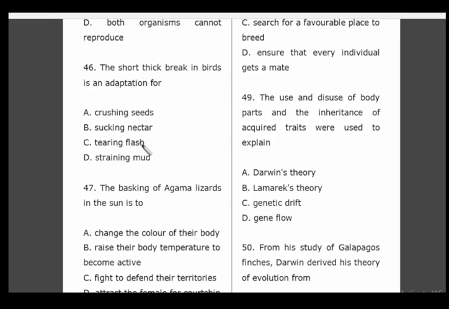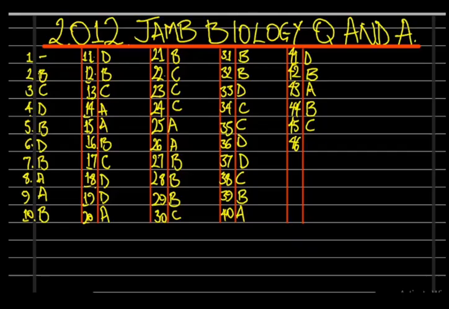So this one here is not short and curved, it's short and thick, so it is adapted for crushing seeds. The one that is used for straining mud, like that of the ducks or the pelicans, such birds have long, flat beaks. So that is not the type of beak we are talking about here. The type of beak we are talking about here is the short, thick beak that is used for crushing seeds or cracking nuts. That is option A.